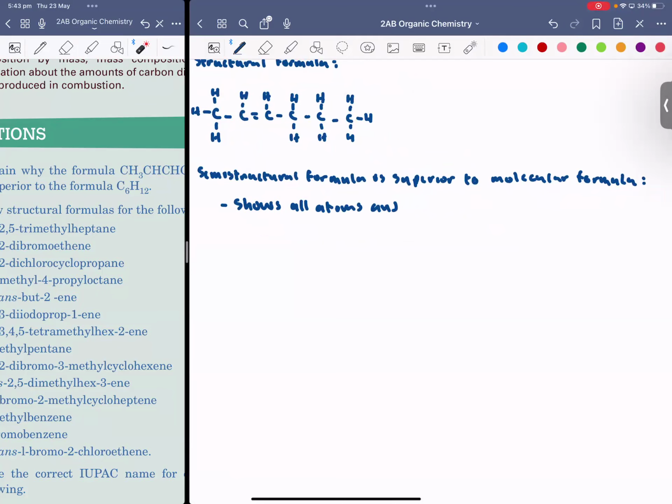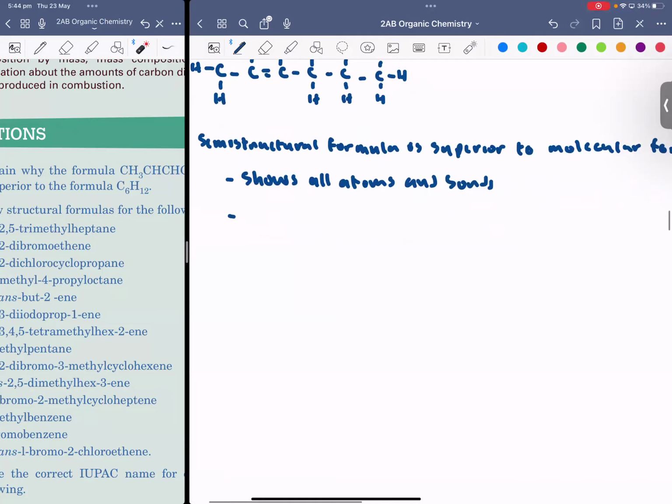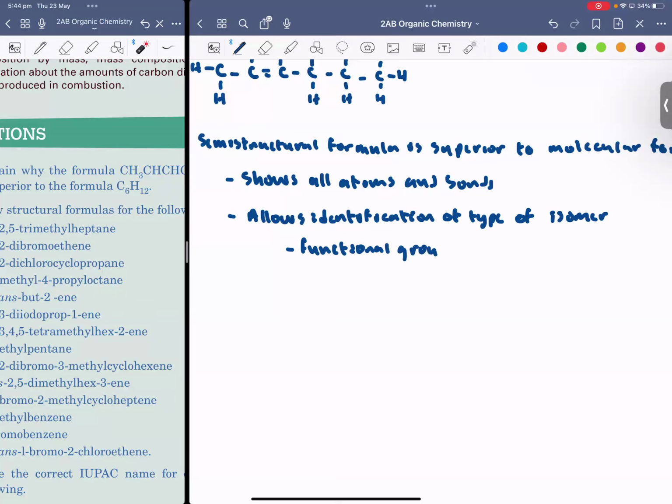And what's so good about showing all atoms and bonds? So whether it's an alkene or it's not. Good. Allows identification of the type of isomer. And when I say type of isomer, it basically tells you what the functional group is, but not just that. It also tells you what the position of any functional group or the position of chain.